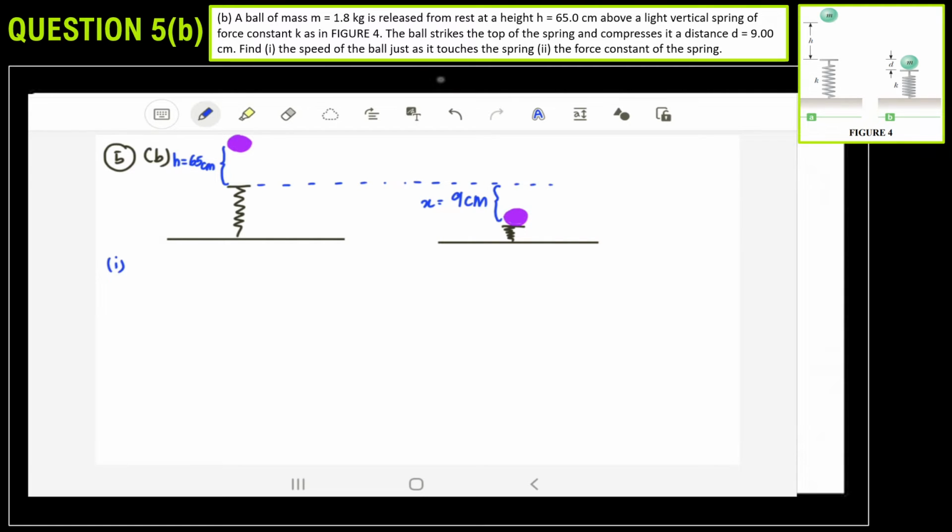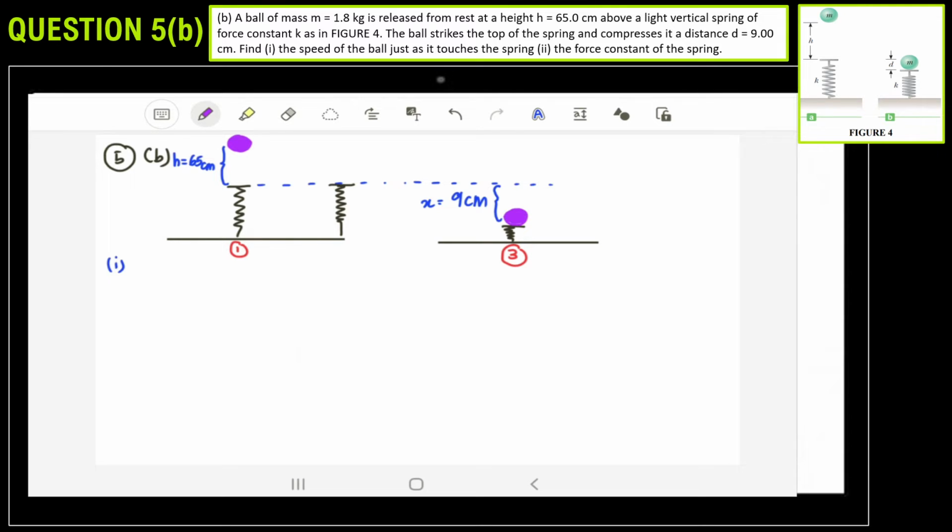Let's say this is the first condition, and this is the last condition, I put as 3. The second condition where the spring, I'm going to draw the spring, is not compressed yet and the position of the ball just at the top of the spring.